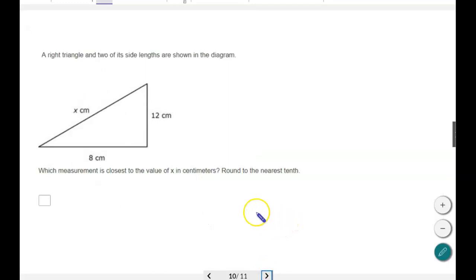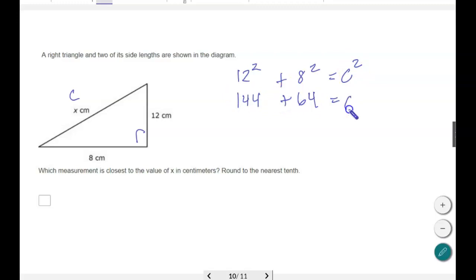A right triangle and 2 of its side lengths are shown in the diagram. Which measurement is closest to the value of X? Right triangle is here, so this is C. So you're going to do 12 squared plus 8 squared is equal to C squared. This is 144 plus 64.